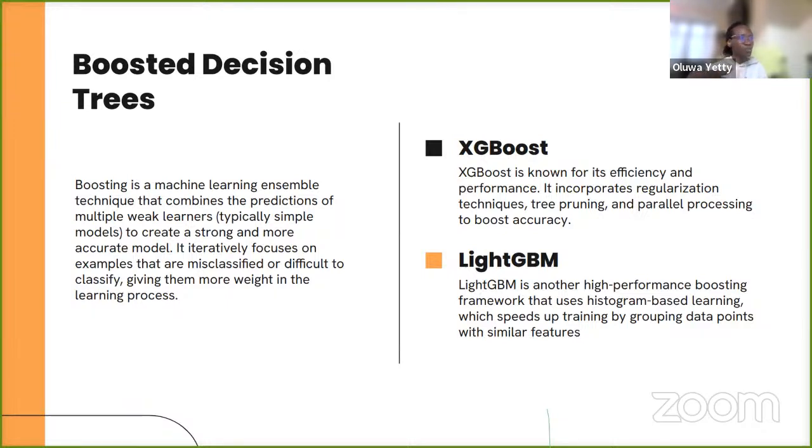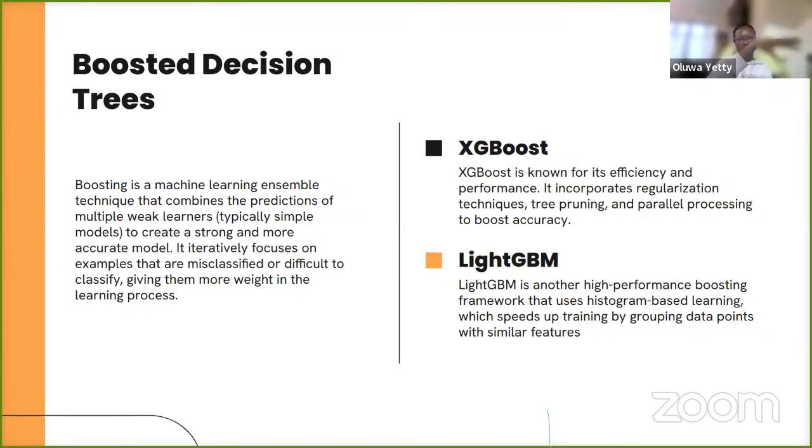Its approach to boosting is different from LightGBM, and it has parallel processing at the same time. Although I've mentioned that boosting is done in a sequential order, when it comes to XGBoost, because of how the algorithm has been built, there's a way it can do it in parallel and still communicate the information to each different decision tree as it goes on.